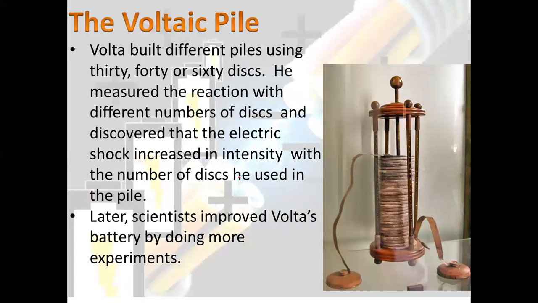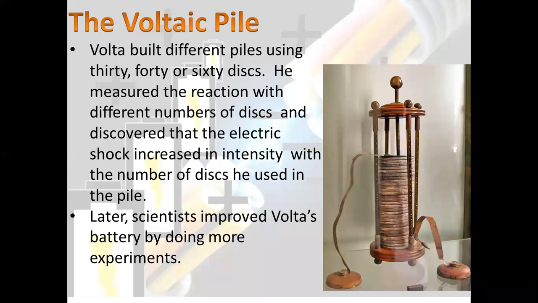The Voltaic pile. He made different piles using 30, 40 or 60 discs.